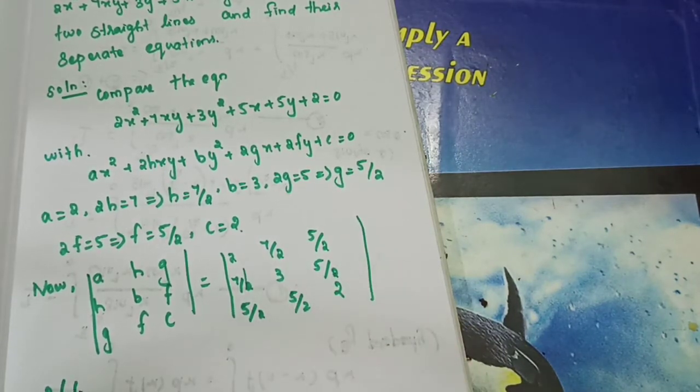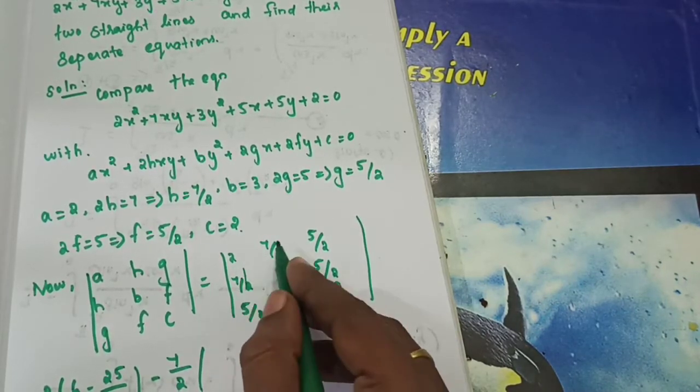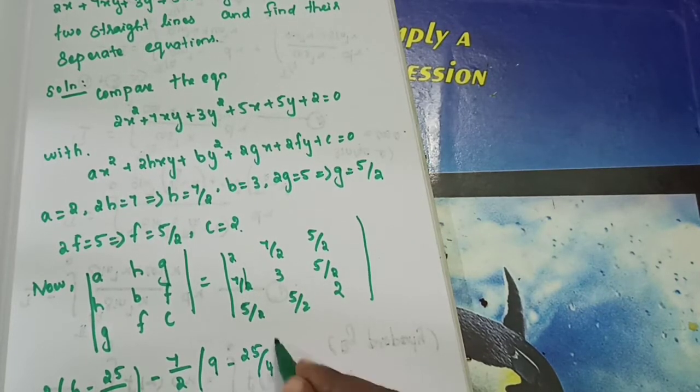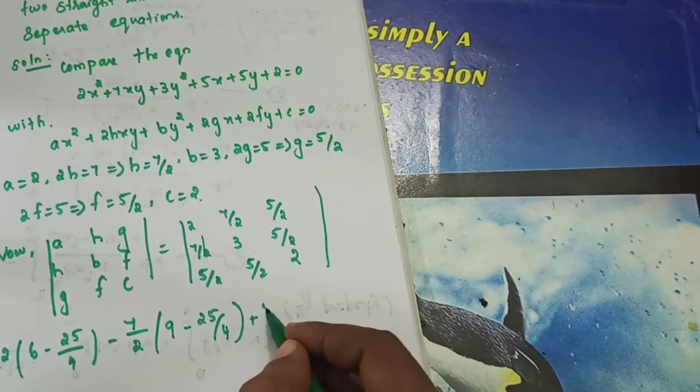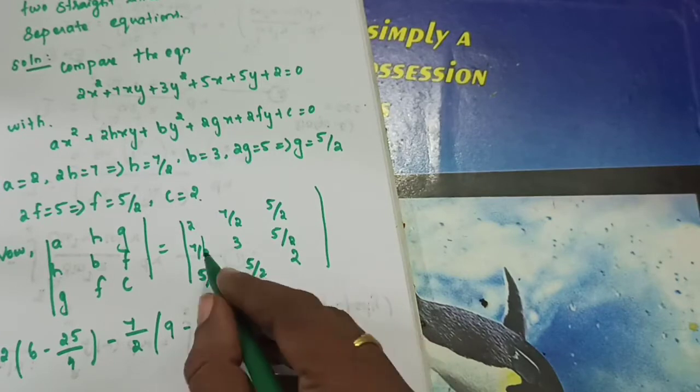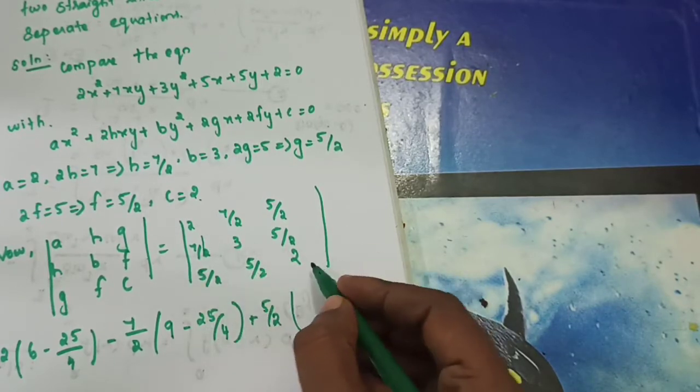So 3 2s are 6 minus 25 by 4. Then minus 7 by 2 into this. Sorry, this and this it will go. So 7 by 2 into 2, is it right? So 9 minus 25 by 4. The next one plus 5 by 2 into this terms will go. So how much will get multiplied? 35 by 4.